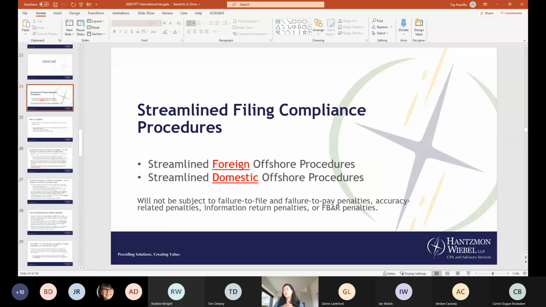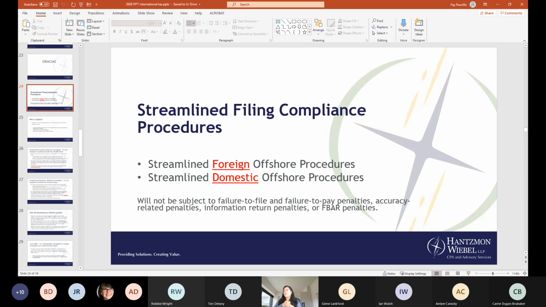We have two types of these procedures, and I highlighted and underlined them so you'll see the difference real quick. They're both offshore procedures. One is foreign and one is domestic. So what does that mean? One is available for U.S. taxpayers, or U.S. persons, I should say, who are living outside the U.S. And then you have a different set of procedures for those who lived inside the U.S. So, all right, a little bit confusing.